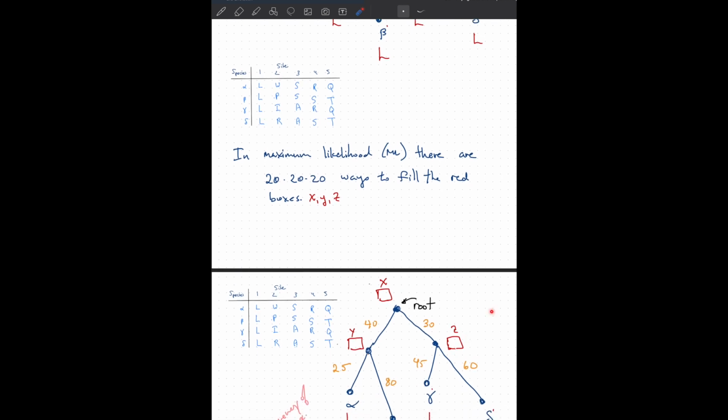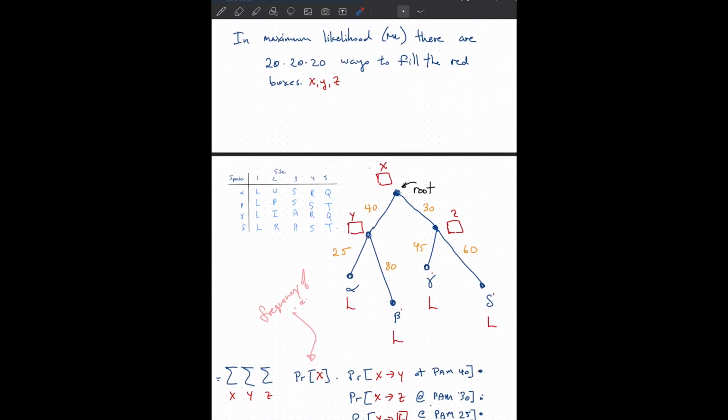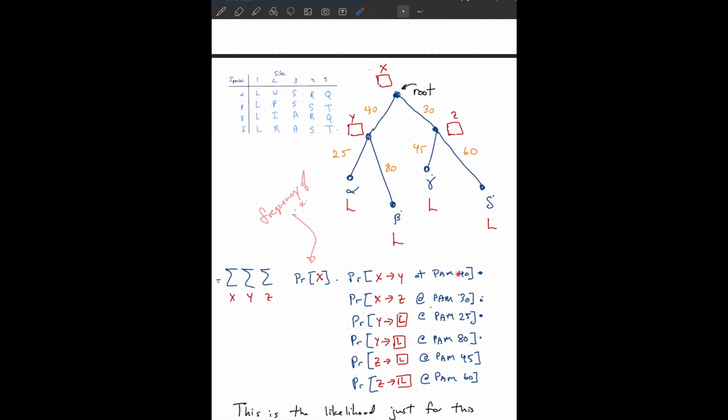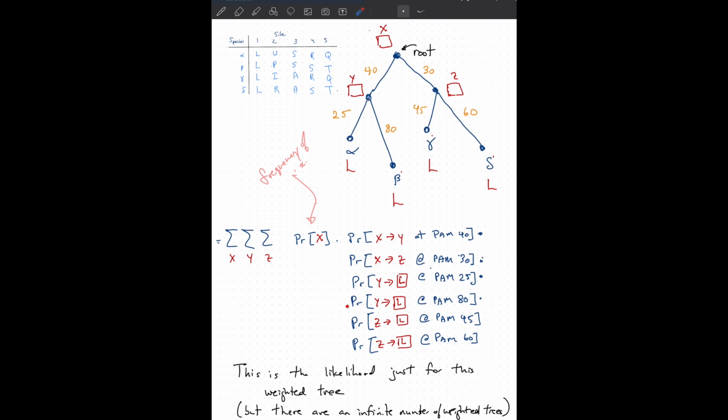Okay. All right, so let me give a bit more concrete idea then of what I mean by the model here. What I'm going to do is basically sum over all possibilities of X. That's going to be 20 different amino acids. I'm going to hypothesize and say, I believe an asparagine is here.